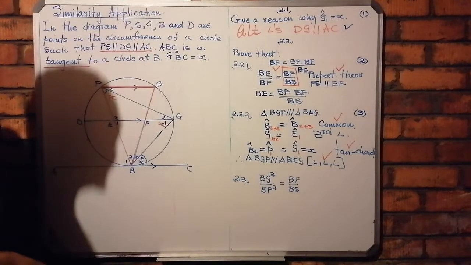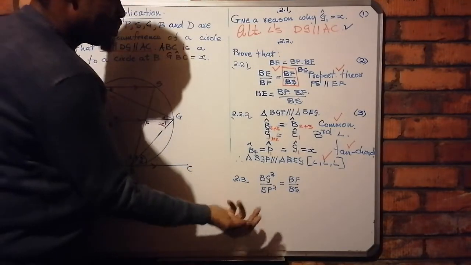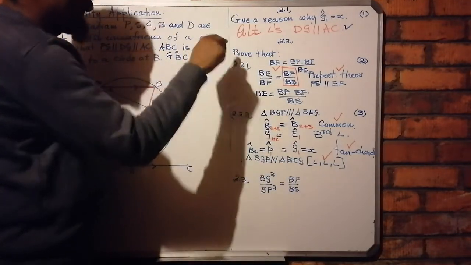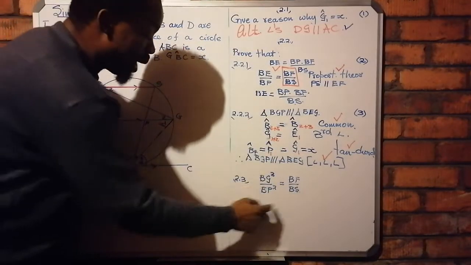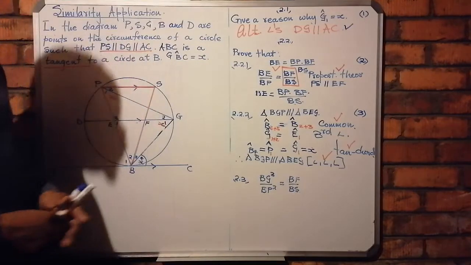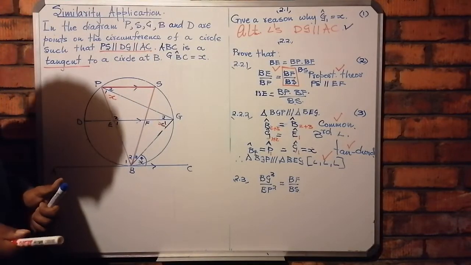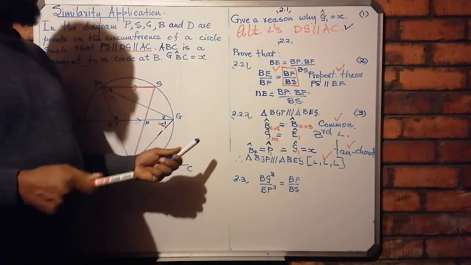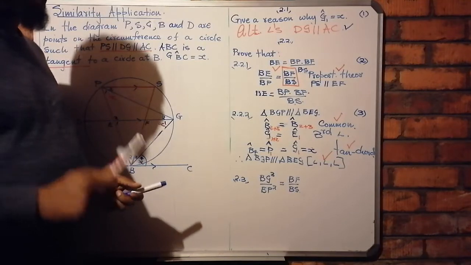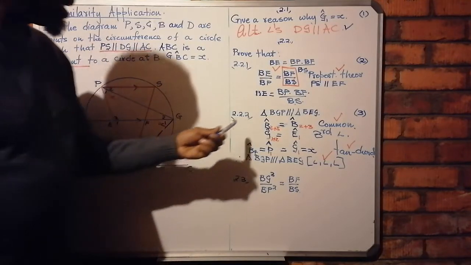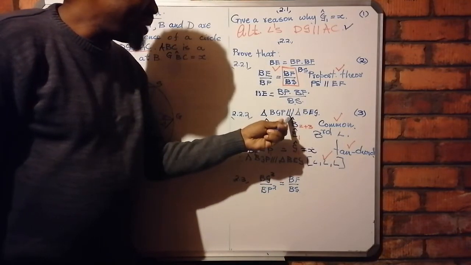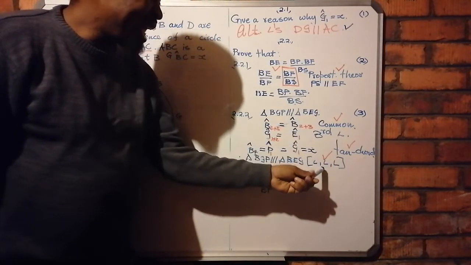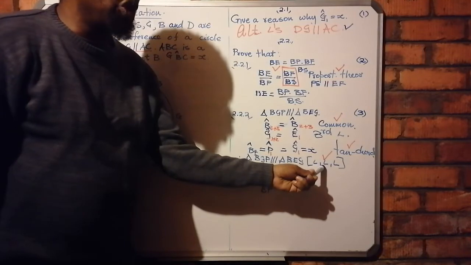Remember, I've just said that the previous question might help you in answering the next question. For this one, I'm going to remind you that I said, state the theorem with understanding. 2 triangles are similar if they are equiangular.